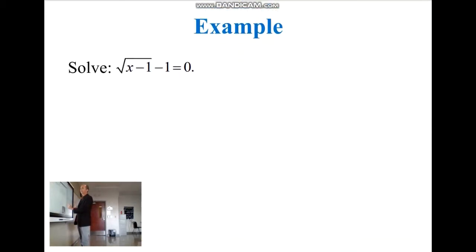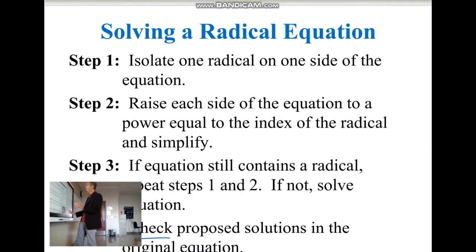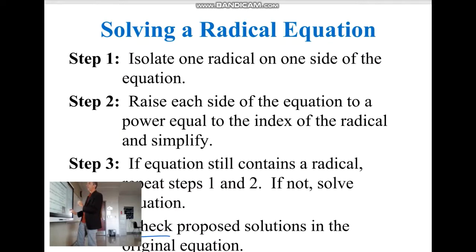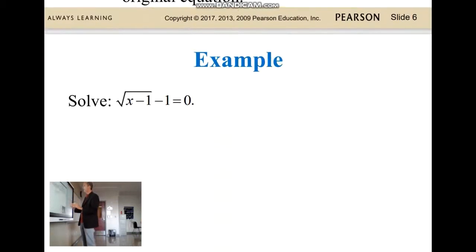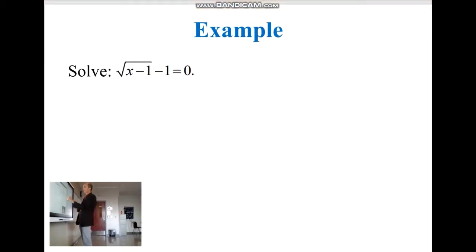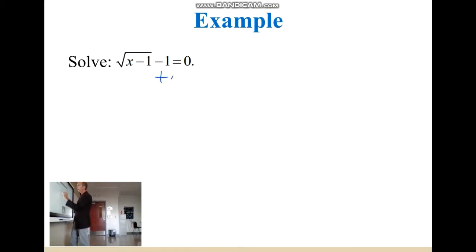Let's try another example: square root of x minus 1, minus 1, equals 0. Let's follow the steps. Isolate one radical on one side of the equation. Let's isolate the square root of x minus 1 on one side. We add 1 on both sides, addition property, and then we have square root of x minus 1 equals 1.